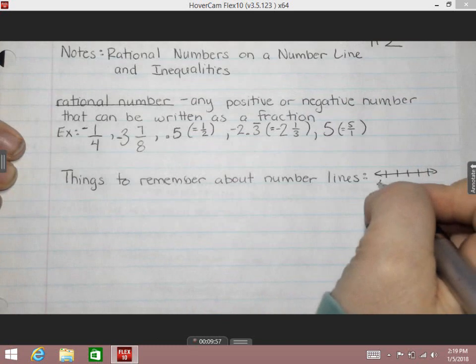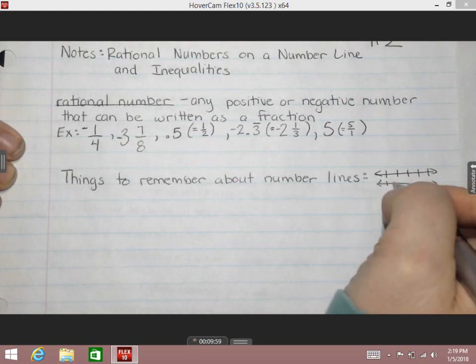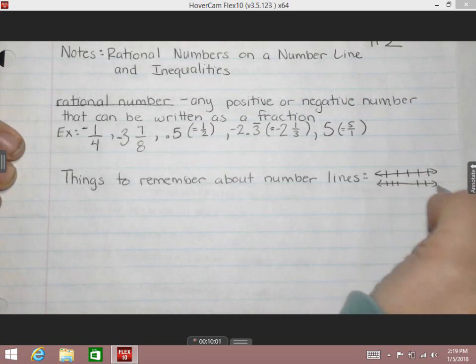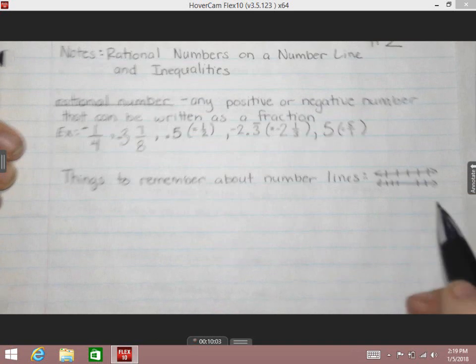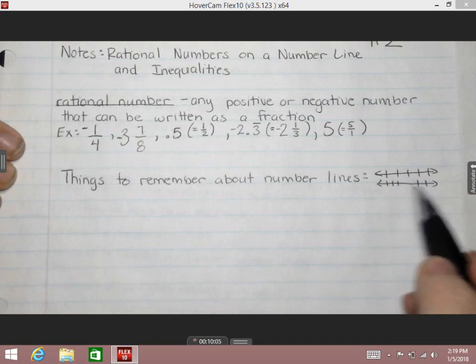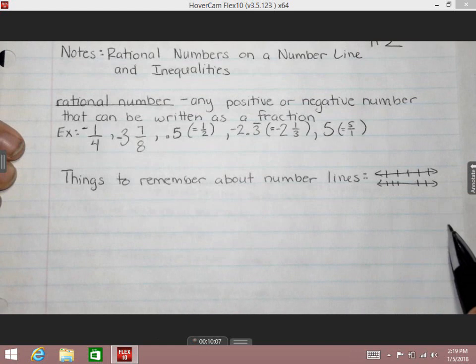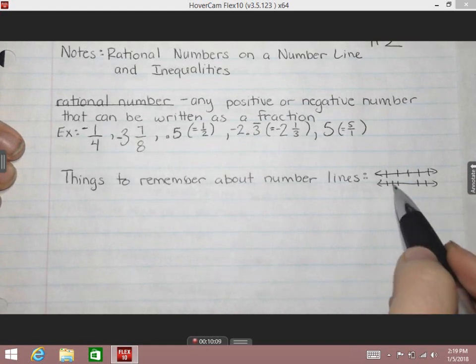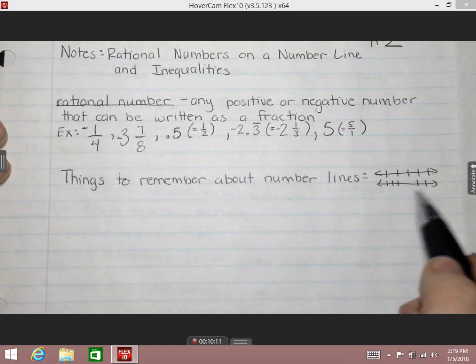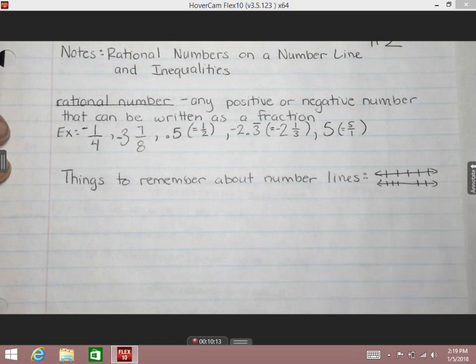Now, guys, if I draw a number line, can I do my tick marks like that? No, what's wrong with this second number line right here? Tucker? There's not an equal amount of space between the tick marks.